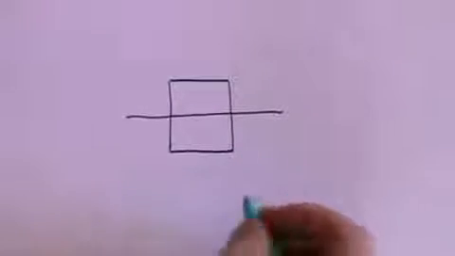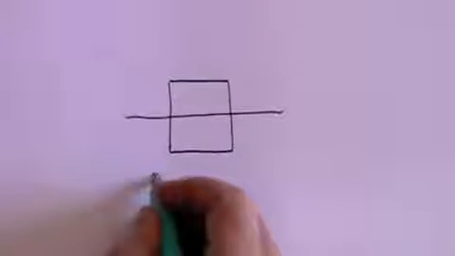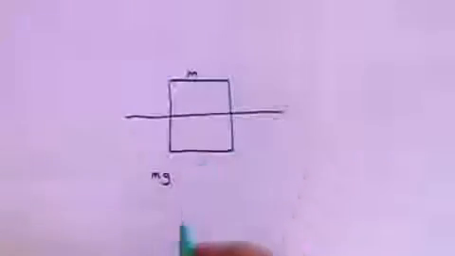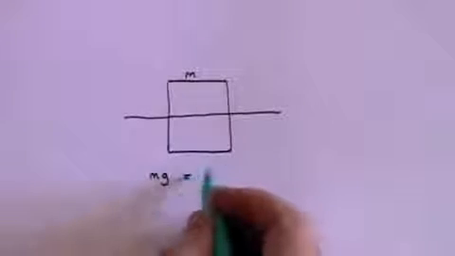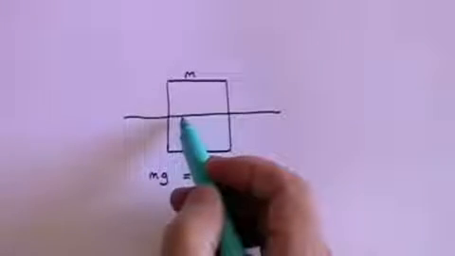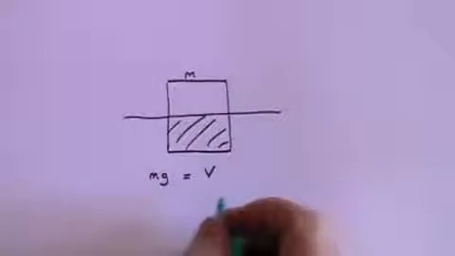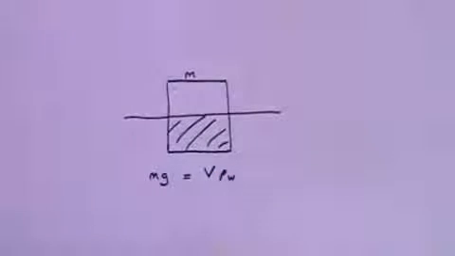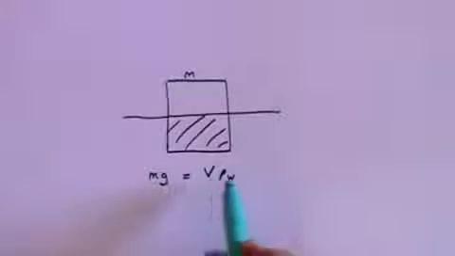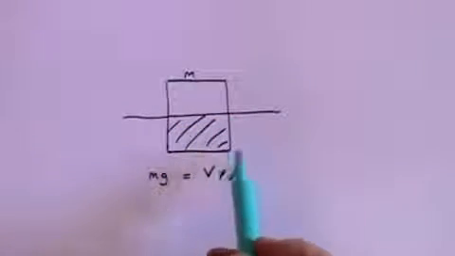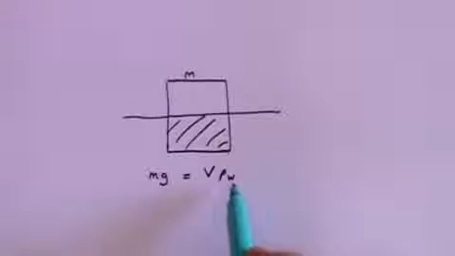And we can say, as we've just shown, that the total weight of the iceberg, where the total mass of the iceberg is m, is going to equal the volume of the water displaced, which is essentially the volume underwater, times the density of the water, times g, of course.